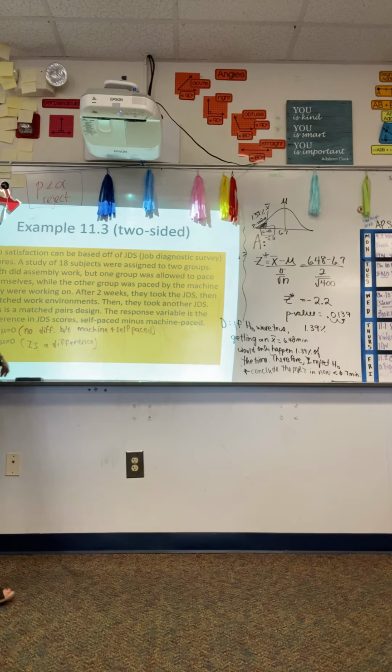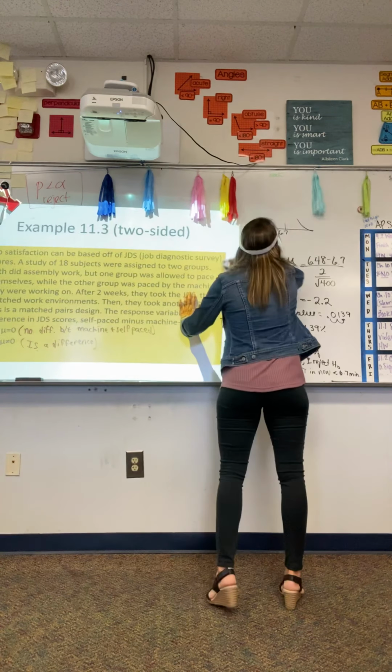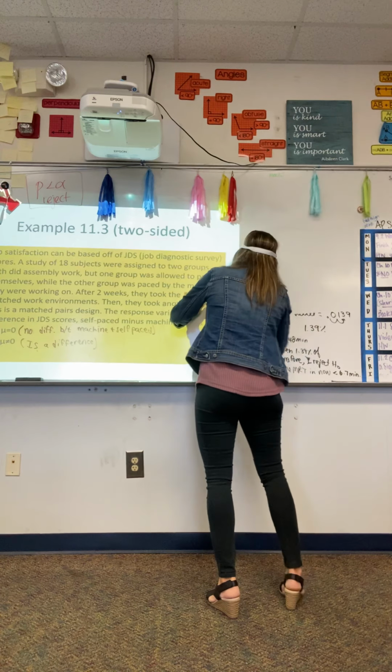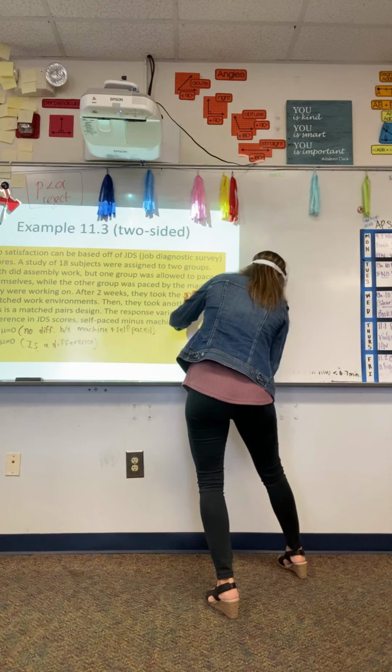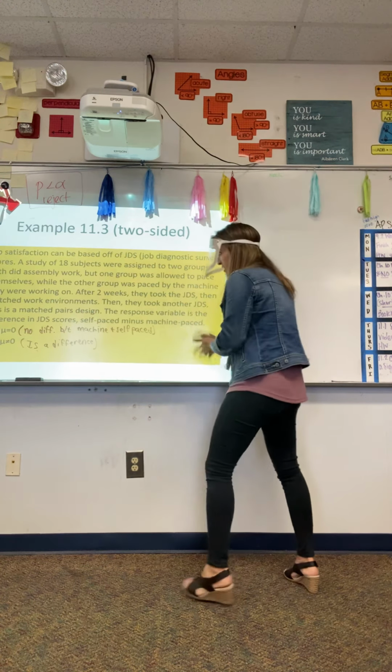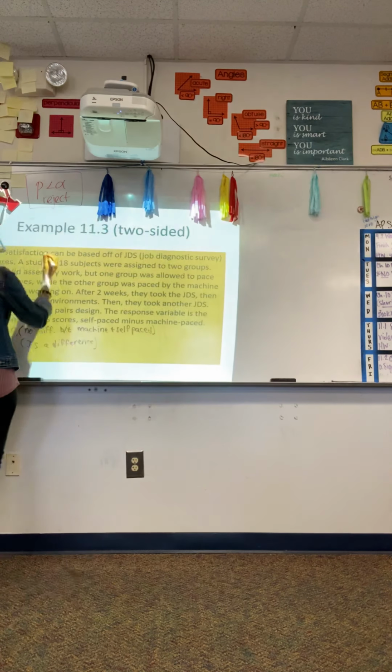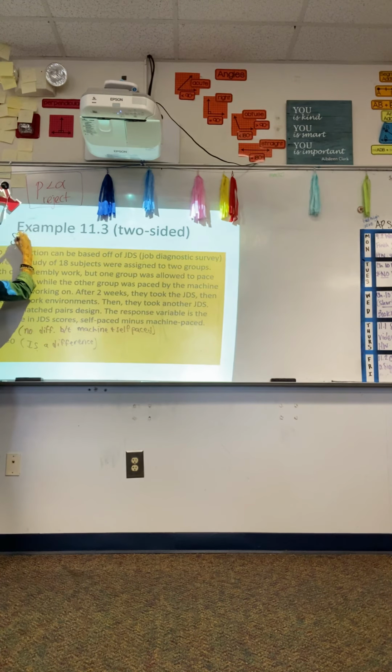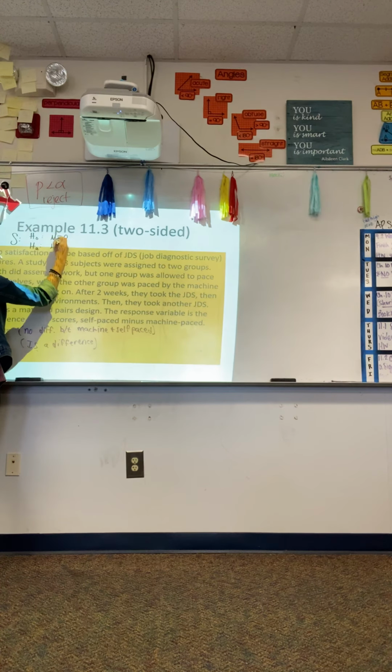So I'm going to go ahead and write down some information that we do know, and I'm going to skip this problem, but I am going to have to skip to another slide to get some more information. Like I said, the notes are everywhere. All right, so in my setup, I already know my H0 and my Ha. So mu is equal to 0, mu is not equal to 0, okay? So I already have that down.